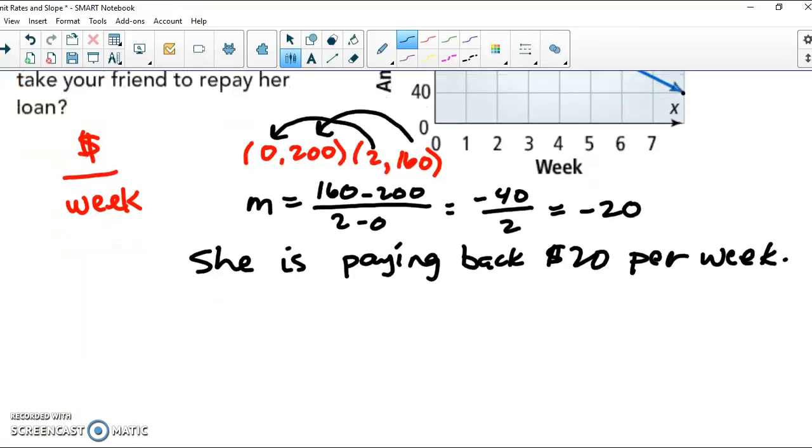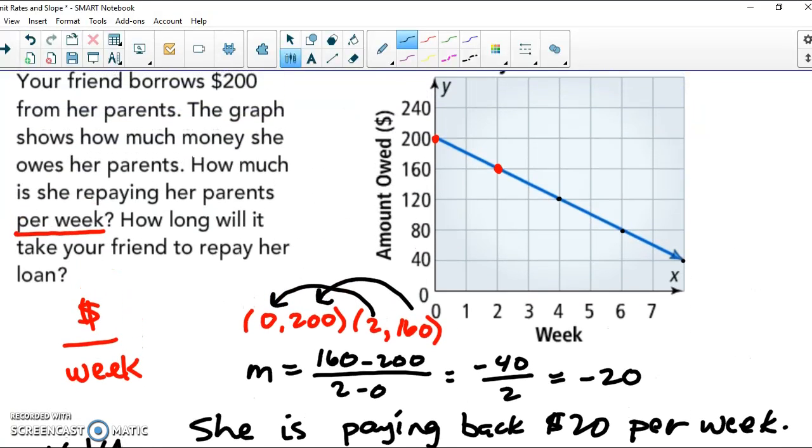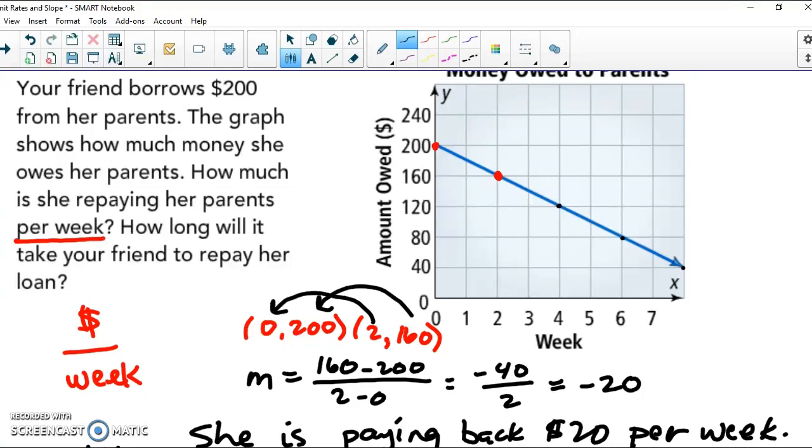So let's go ahead and make a table for what we know. At 0 weeks, I owe $200. After 1 week, I'm sorry, we'll use these points here.